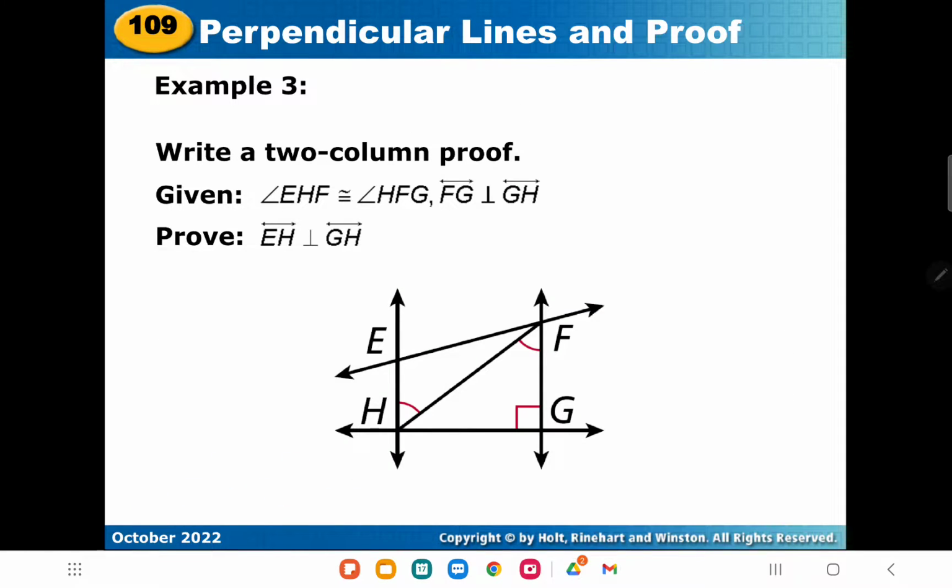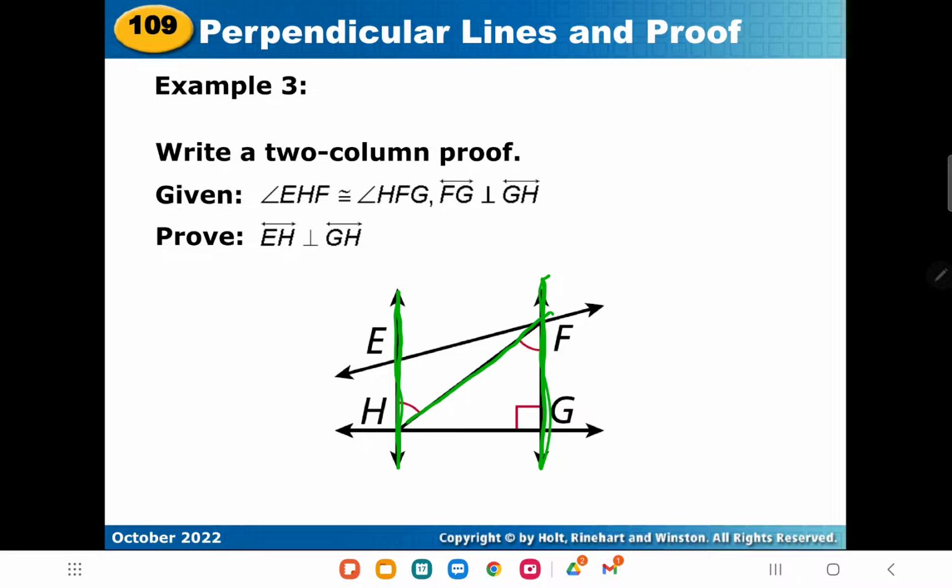A two-column proof for this diagram: we have angle EHF right here is congruent to HFG right here. FG is perpendicular to GH, right angle right here, and we need to prove that EH and GH are perpendicular, with this being a right angle right here at point H. So I just want to begin, before I do any proof, by thinking, okay, I've got these two lines, EH and FG.